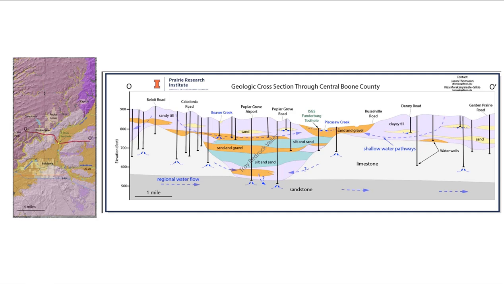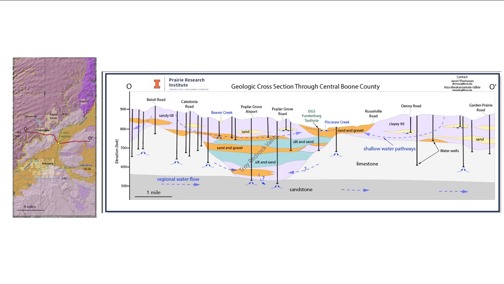It holds the key to the secrets of the water resources in general of not only Boone County, but potentially more regional water resources. And so part of what we want to understand is how deeply this valley incised into the sandstone below. So this sandstone is a big regional aquifer that's being used all over Northeast Illinois. Belvedere uses it. Capron uses it.